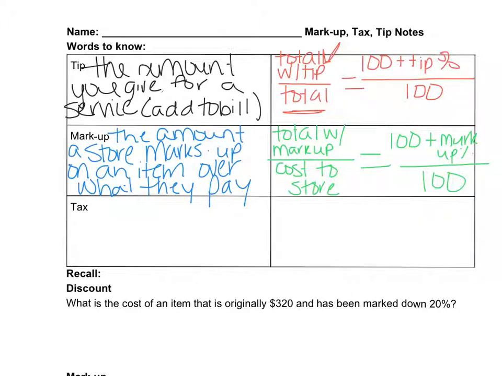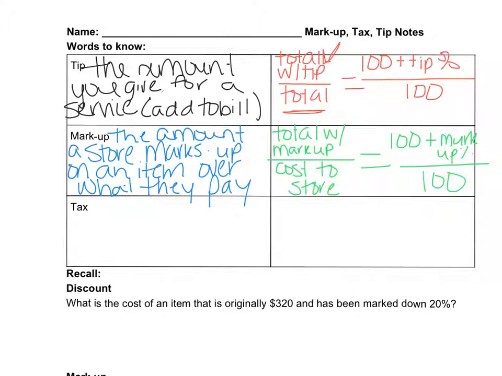Okay, so let's look at the next thing, tax. Okay, so tax is the same. You have to pay taxes. Taxes go towards supporting the schools, fixing the roads, stuff around the community, many other things. So people have to pay taxes in order to better their community.